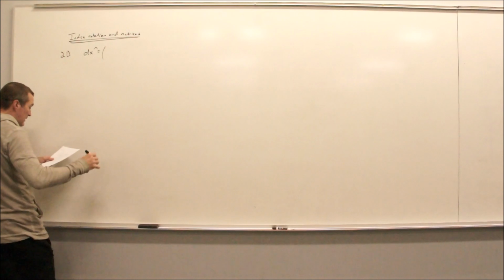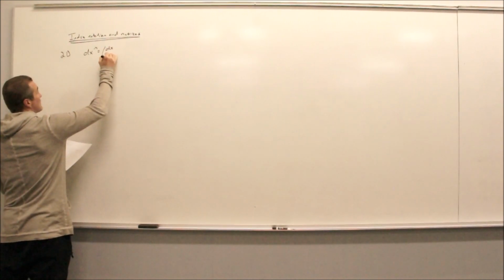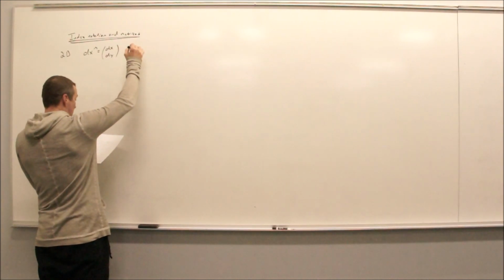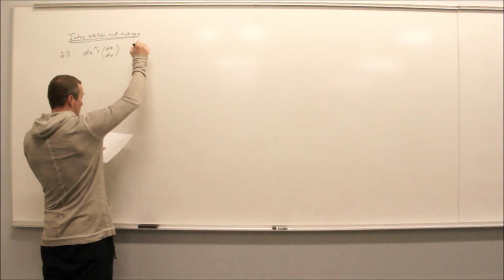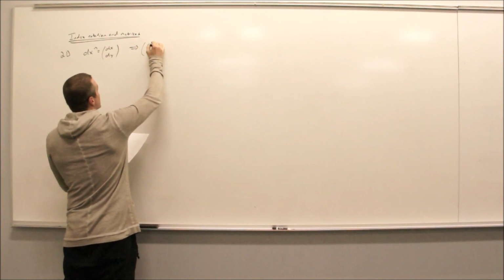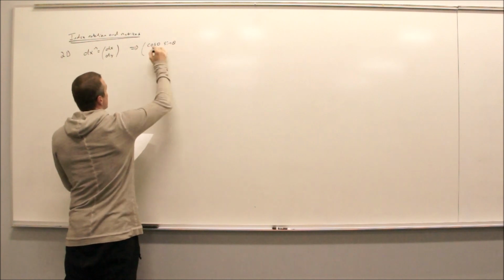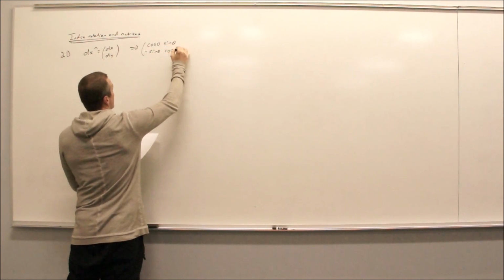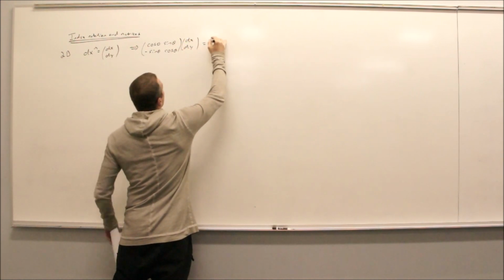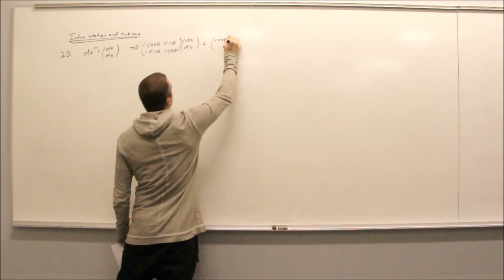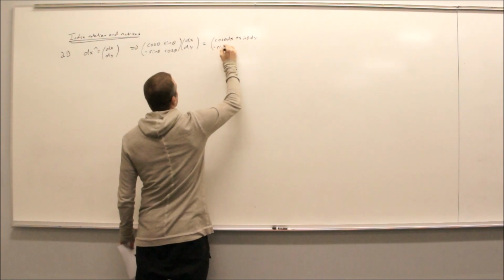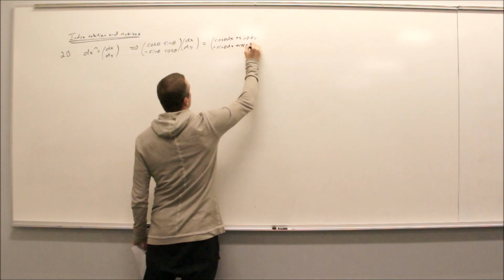A position vector in 2D, a differential position vector, would just have two components, dx and dy. And then we might have a transformation that uses a normal 2x2 rotation matrix, cosine theta, sine theta, minus sine theta, cosine theta, that acts on dx, dy and gives me, and now we can multiply this out, cosine theta dx plus sine theta dy, minus sine theta dx plus cosine theta dy.